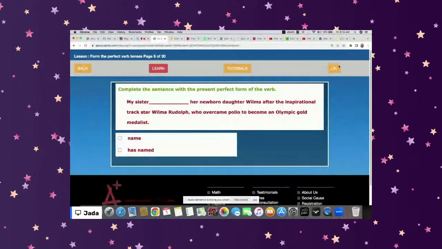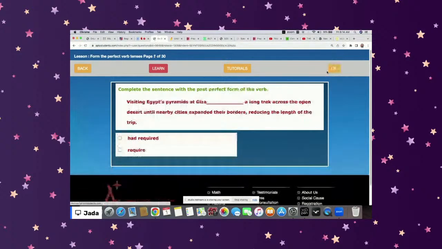What will this one be? Has named. Okay, so that's it for the perfect verb tenses.